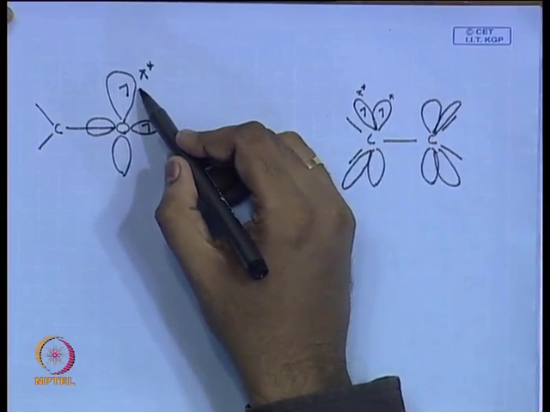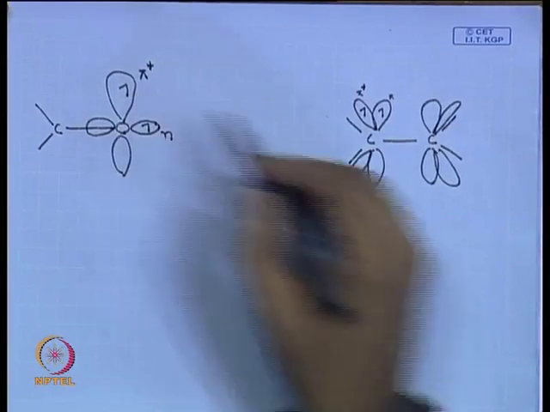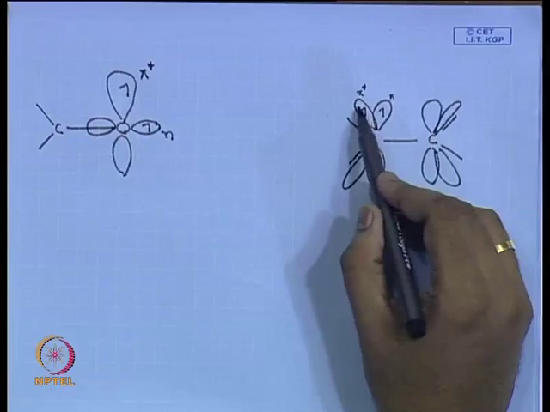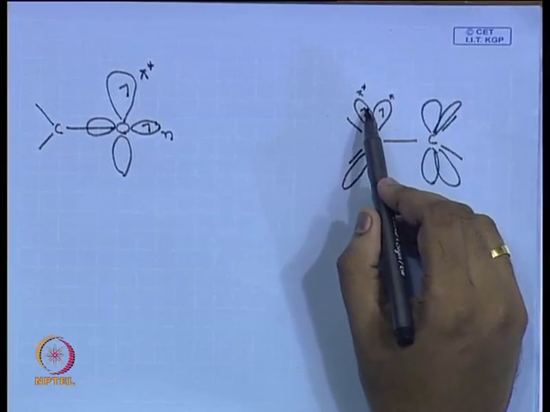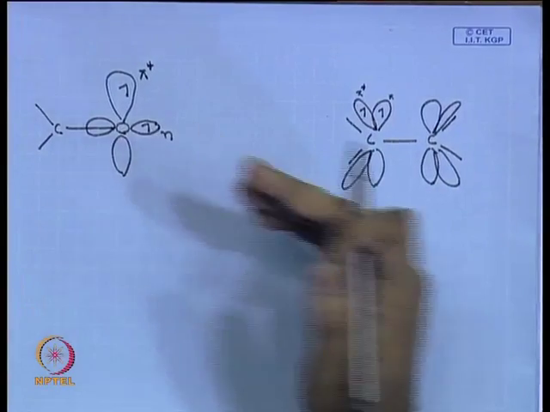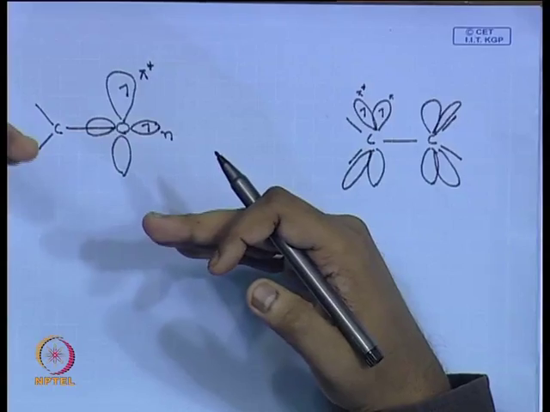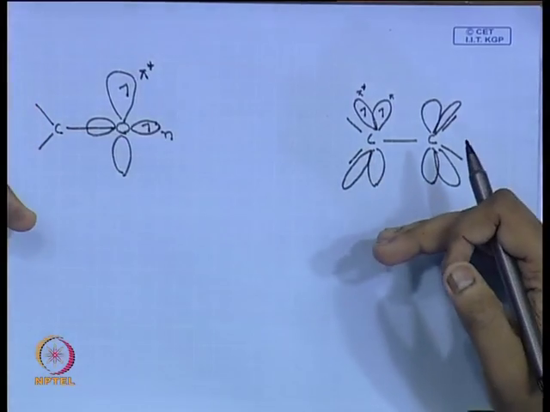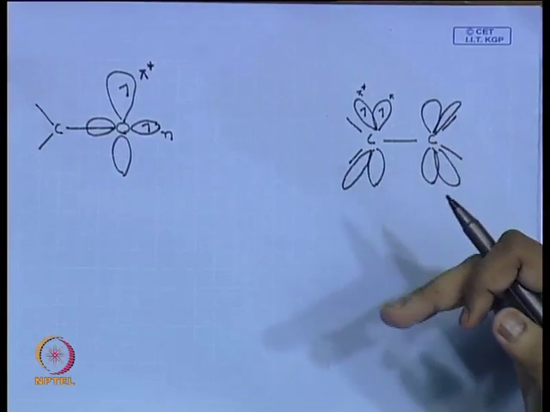So, your repulsion in n pi star should be, in this case, very less. When you go for your pi pi star, it will be high. That is the reason why your n pi star energy gap is only 5 kilocalories per mole, but when you go for a pi pi star, the energy gap becomes more, right. This is the reason. Just by orbitals you can know, by repulsion. Clear?